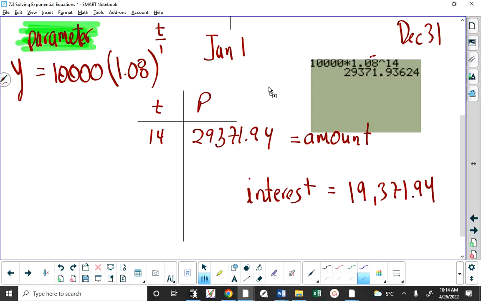Ian. When you figured out the amount in the account, how come that's P and not Y? How come on the graph it's P and not Y? Oh.